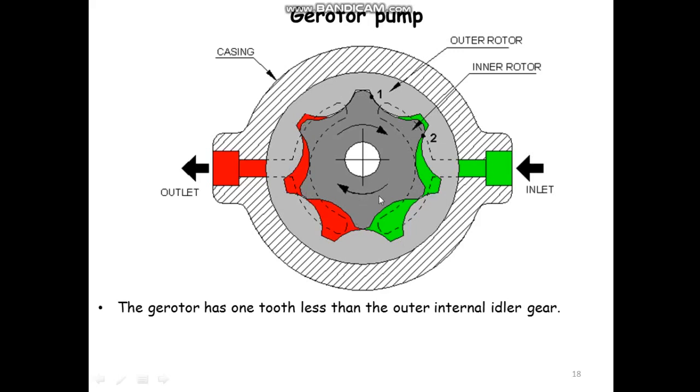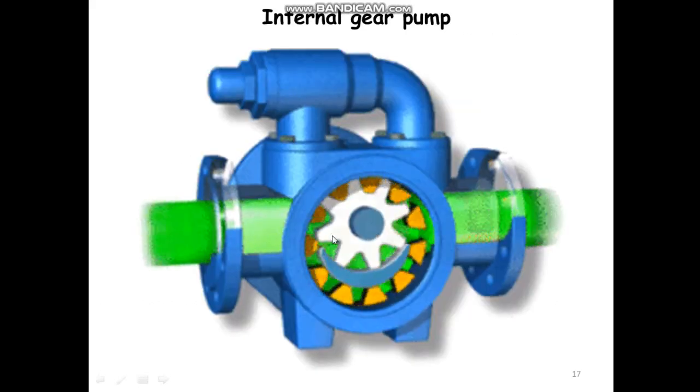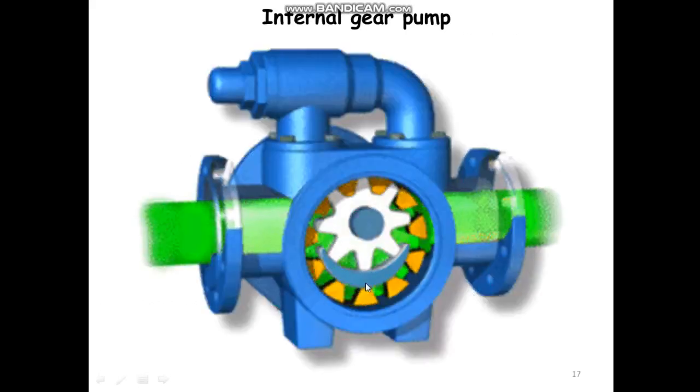So if you measure the number of teeth, the total number of teeth of the external gear will be equal to the total number of teeth of the internal gear plus 1. So the G rotor pump has one tooth less than the outer internal idler gear. That is why this is called the G rotor pump. Since one tooth is less, the eccentricity is not there, because here you can see the eccentricity was there.